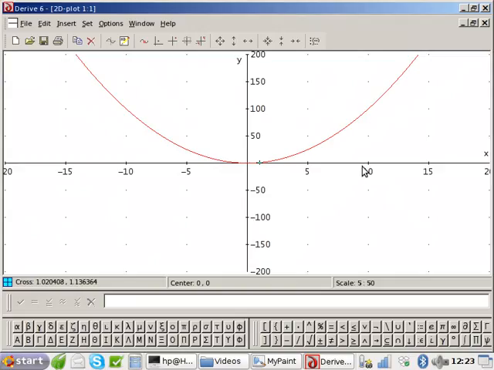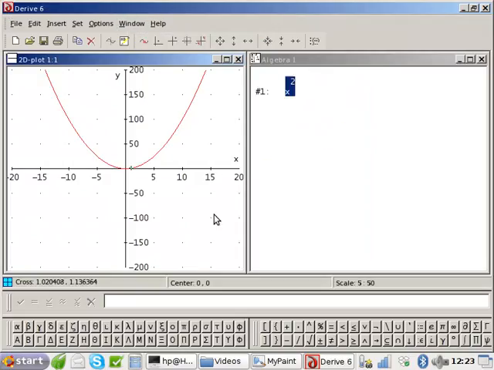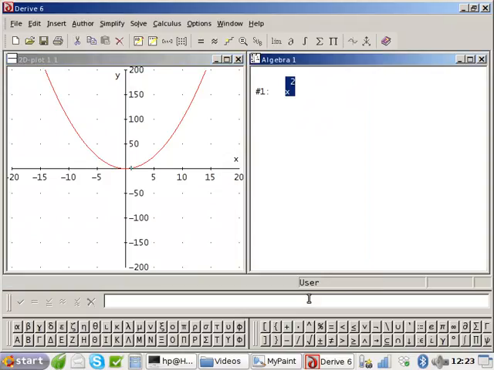Right, so there's 8. So I draw the tangent line here. What do I want? Tangent line at the point x equals 8.